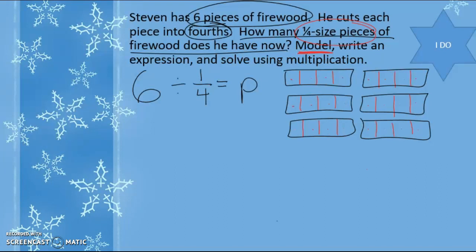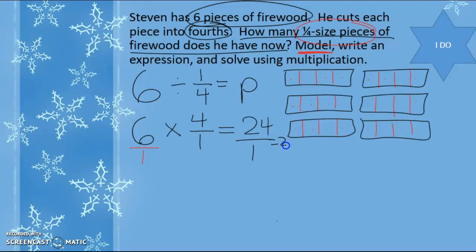my strategy, keep, change, flip. So I will keep the 6, change the sign, flip the fraction, and solve. But first, I need to place my whole number over 1. 6 times 4 is 24. And of course, we know that 24 over 1 really is just 24.